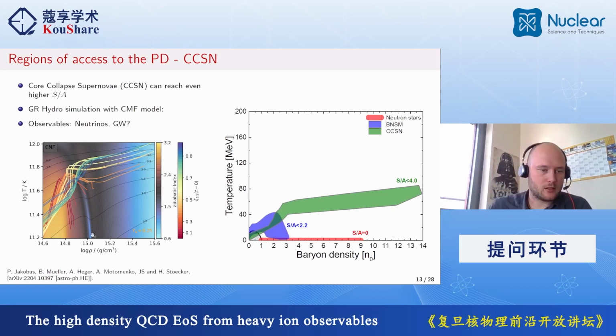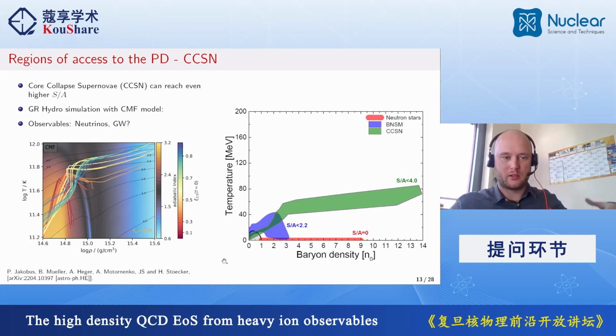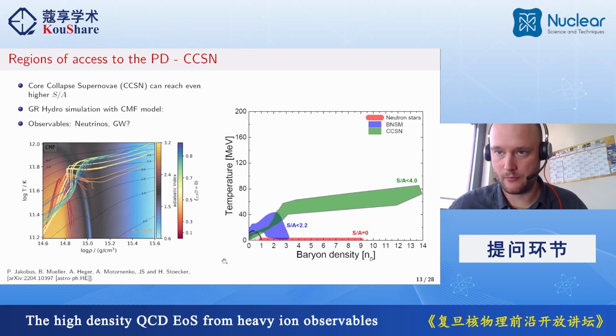I can try. You can look at this paper. I didn't do this myself. These simulations were done by Pia Jacobus, a former student, and Bernd Müller at Monash University. They have a general relativistic hydrocode which simulates these core collapse supernovae.